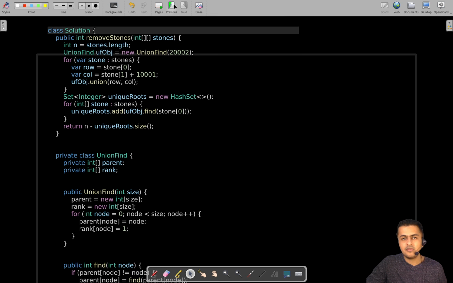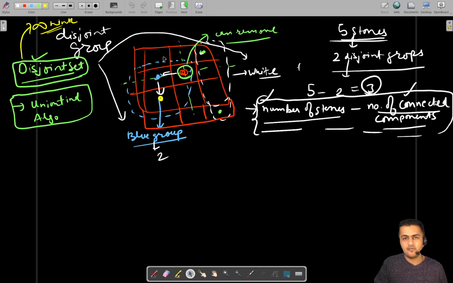So first observation was that there will be different groups, and the number of stones you can remove will be this much. Now the problem was to find the number of connected components. So see, each stone basically connects its row and column. Each stone will be present in some row and some column.